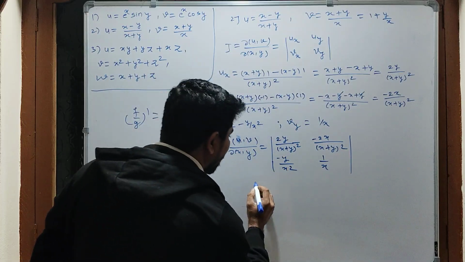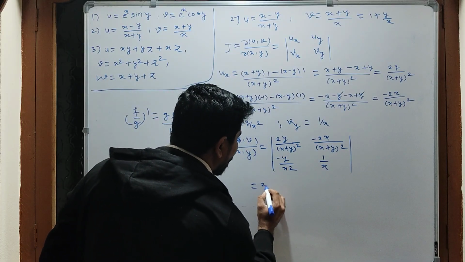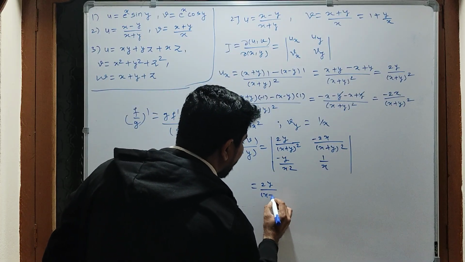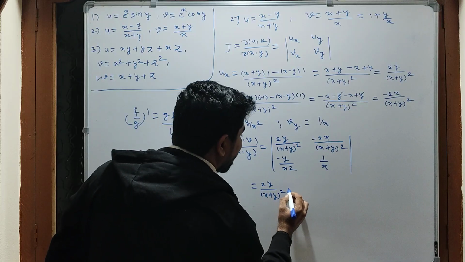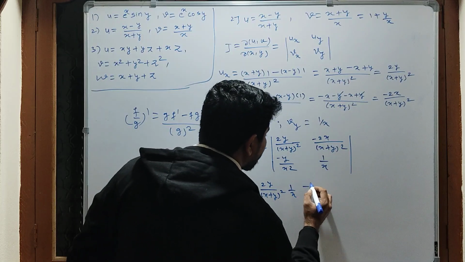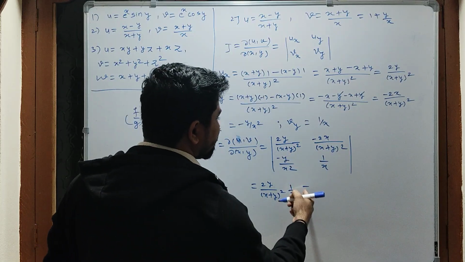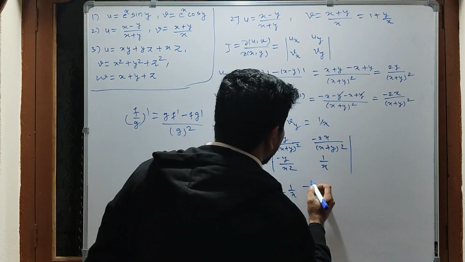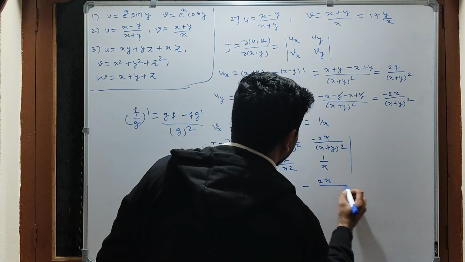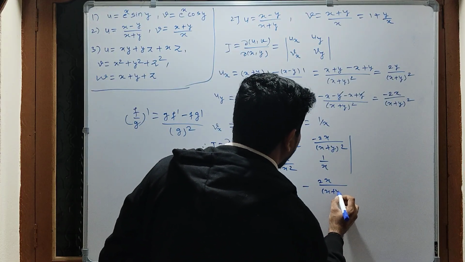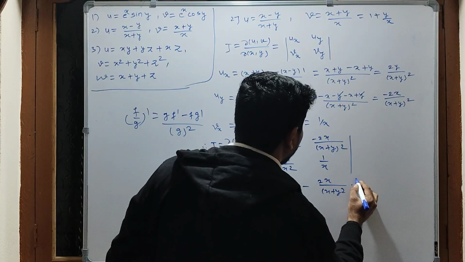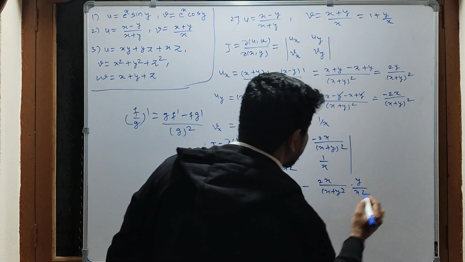Now take the multiplication, which equals 2y by x plus y whole square into 1 by x, minus, and this minus and that minus become plus, so minus last, divided by x plus y whole square into y by x square.